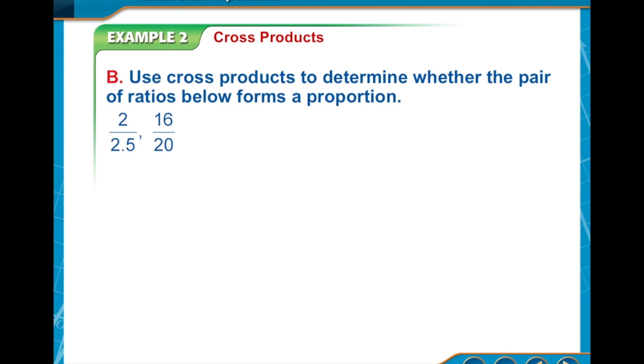Okay, here's another one. So 2B asks us to use these cross products to determine whether they form a proportion. So by the same process, we will take what we're given, we'll multiply across and across. We'll set those products equal to each other and see what we get.